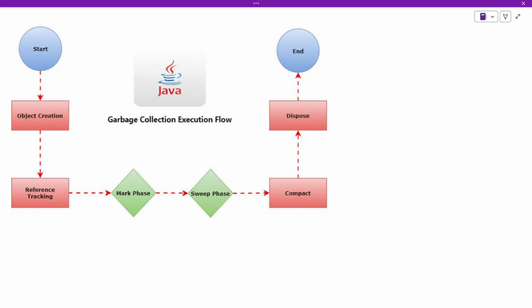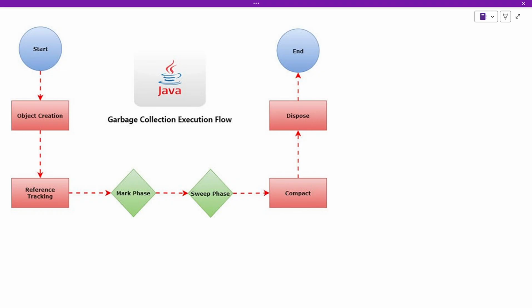It is going to mark all the objects which have zero references, and then it is going to sweep the memory. Usually the memory is created in some sort of random location. So if the memory is available now, we have to make sure that it will be added to some other place.